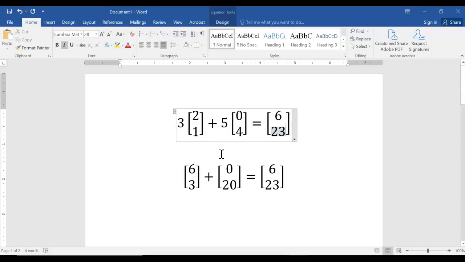Or again, if you'd rather take the number times the vector, do all of vector 1 simplification, then all of vector 2 simplification, and then add them up. I tend to do the entry-wise one. I think that's a little bit quicker, but it's up to you.